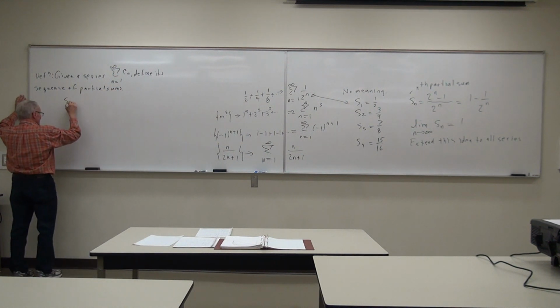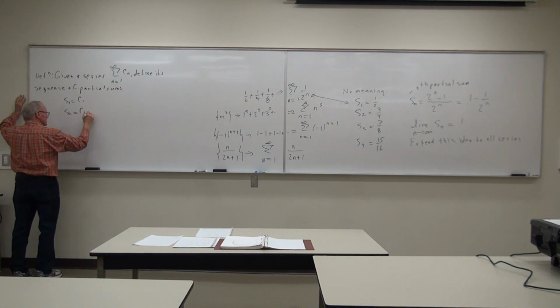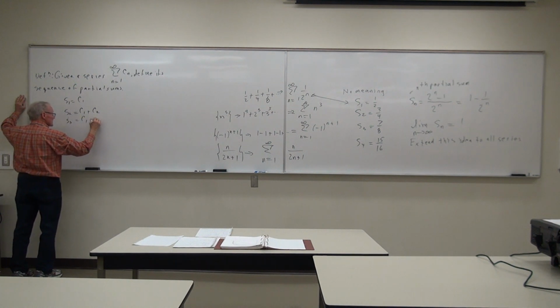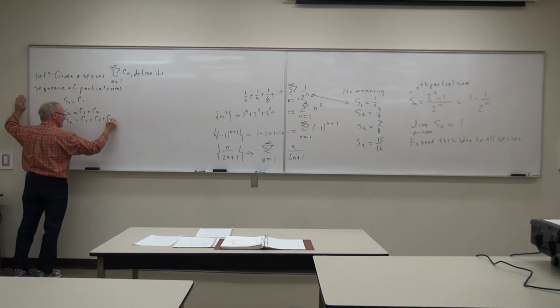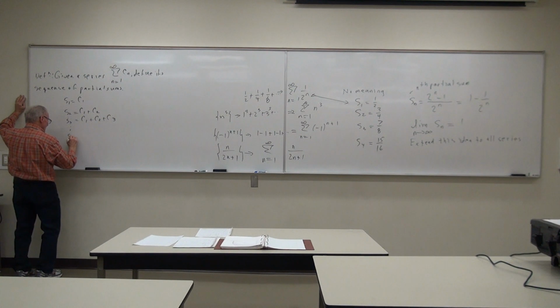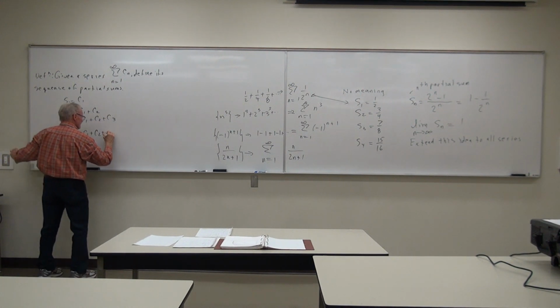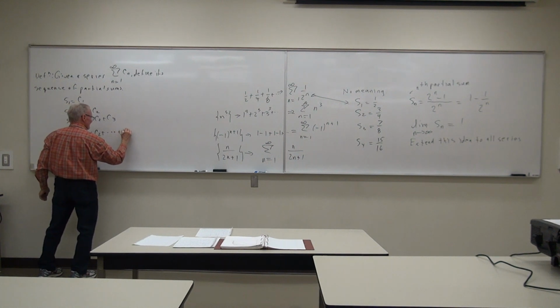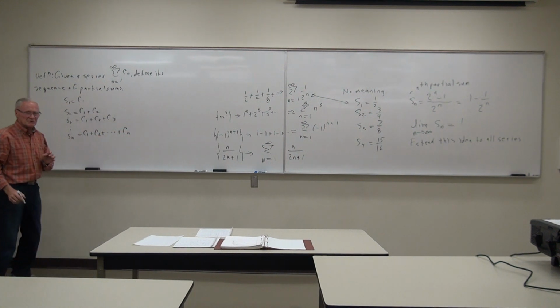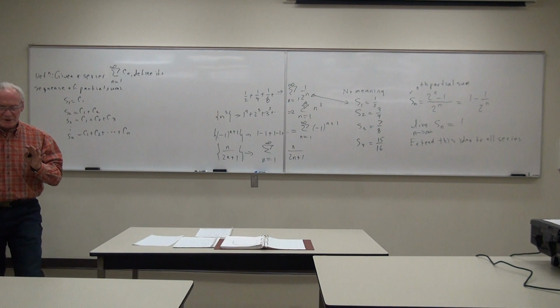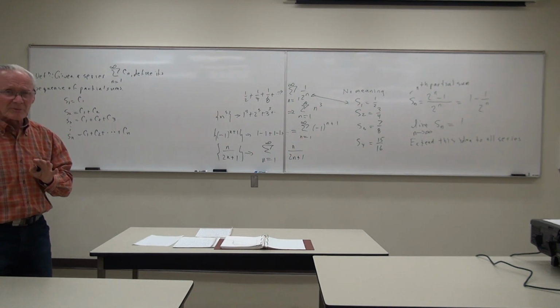S1 is equal to C1. S2, sum of first two terms. S3, sum of first three terms. Down to S sub n, sum of the first n terms. Produced from this series a sequence of partial sums.